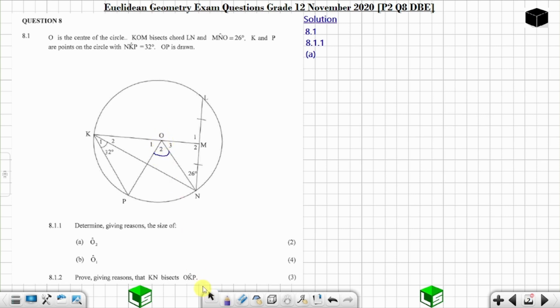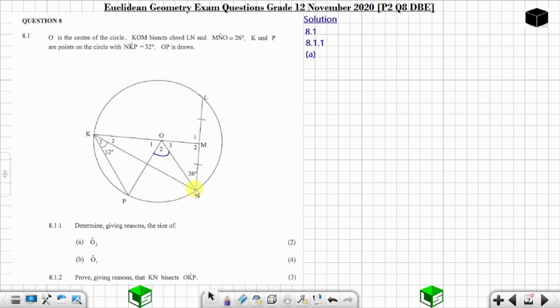If you pay attention, you are going to see that the angle K1 is subtended by the arc PN or the chord PN, and the angle O2 is also subtended by the same arc or the same chord.